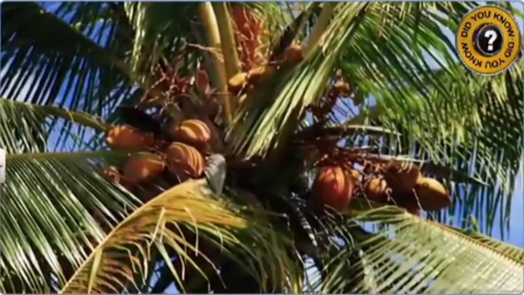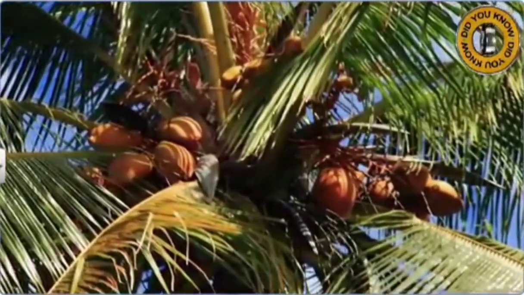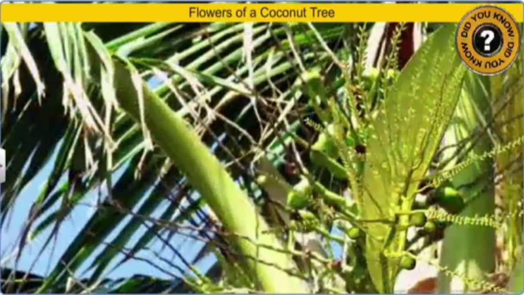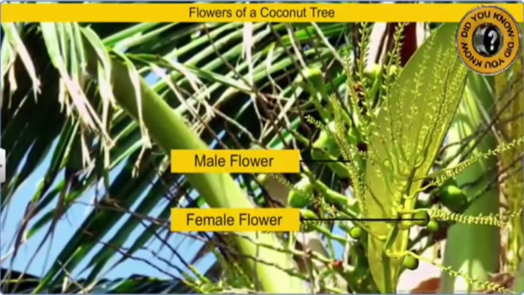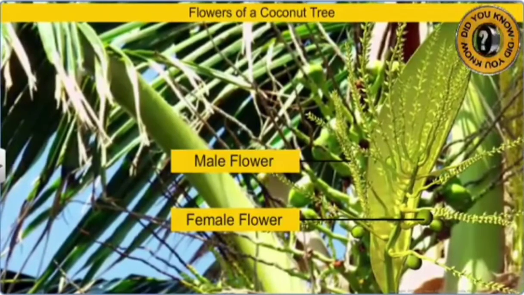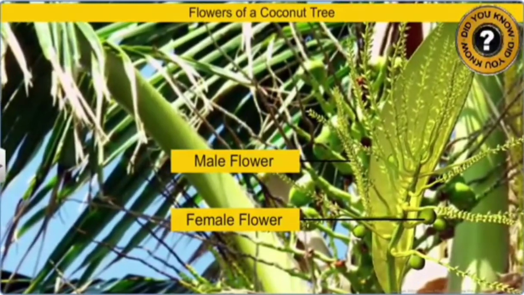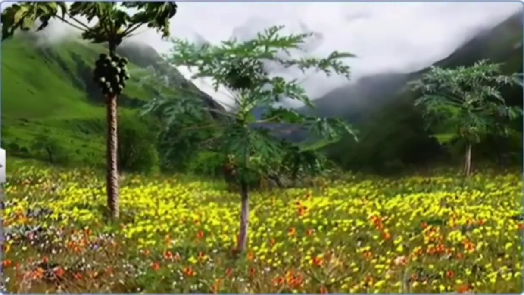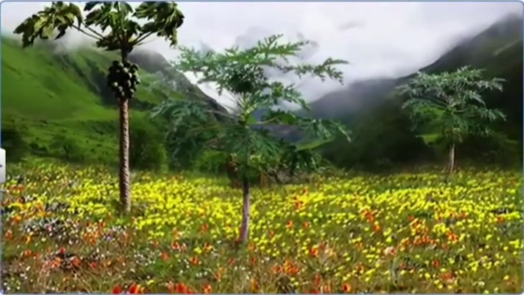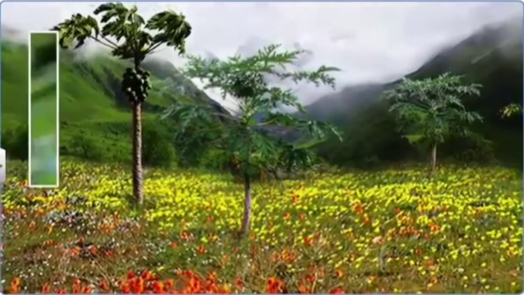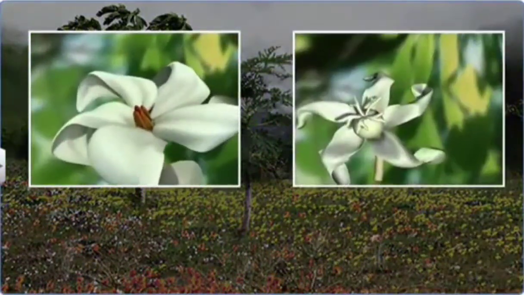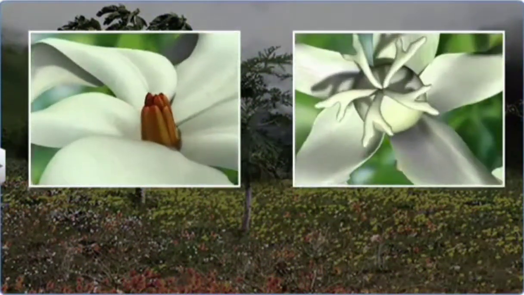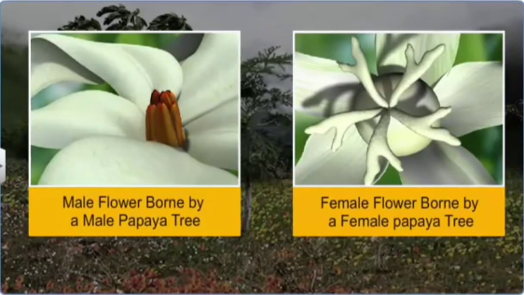In the case of monoecious plants, such as coconut, unisexual flowers prevent autogamy, but not geitonogamy. However, in the case of dioecious plants, such as papaya, unisexual flowers prevent both autogamy and geitonogamy.